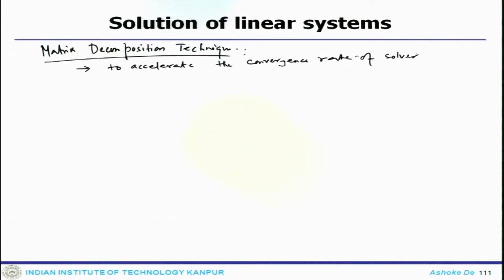So, the decomposition helps to promote the convergence rate of the solver, and also, to some extent, to adopt advanced preconditioners. We have already seen that preconditioners help to get a slightly better convergence because of the change in the spectral properties of the system.